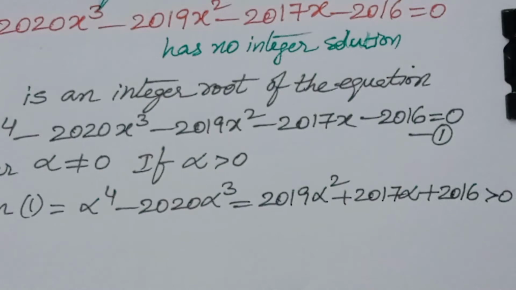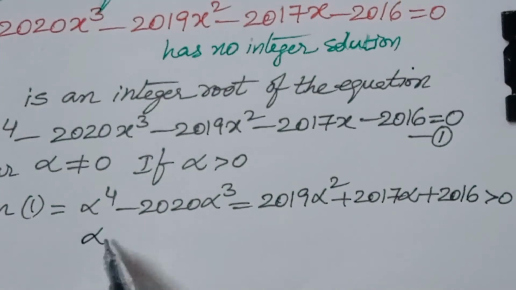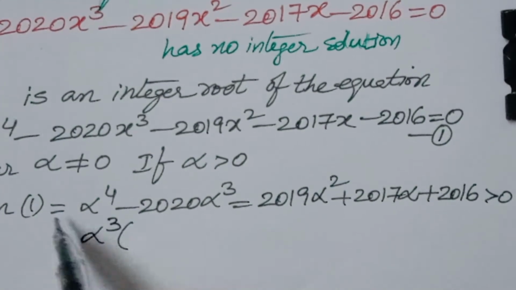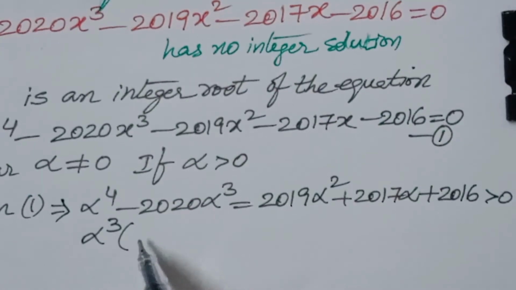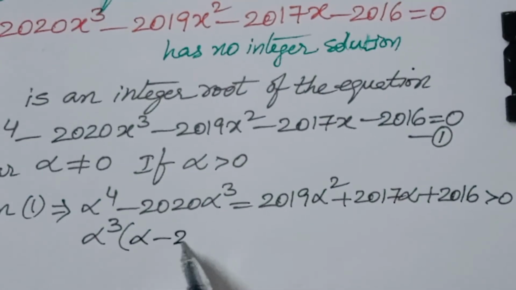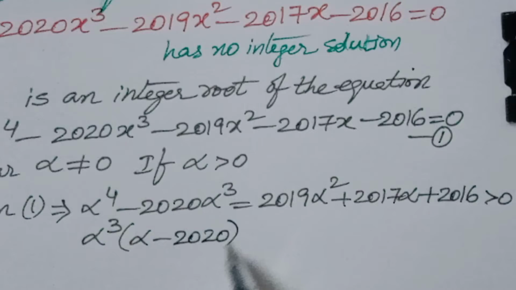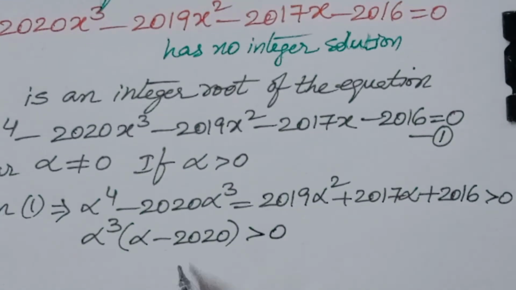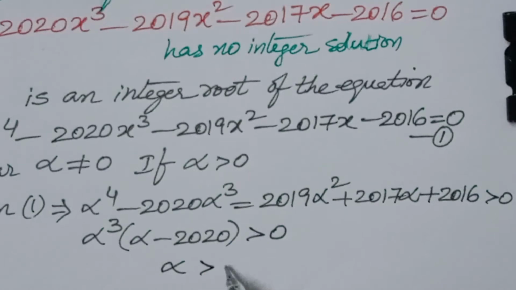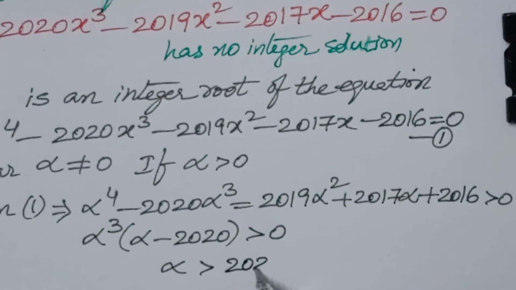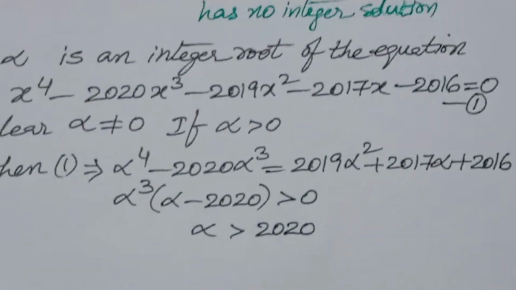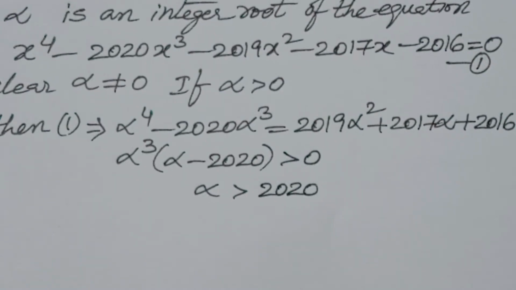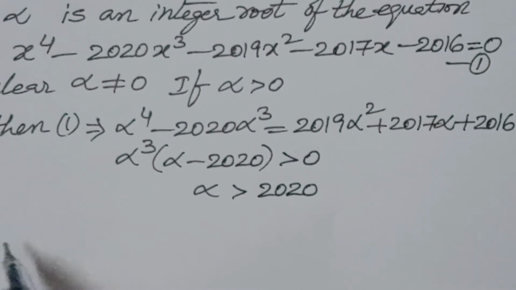Because the value you have to get is greater than 0. Now in this I am taking alpha cube common: alpha - 2020 should be greater than 0. That implies alpha is greater than 2020.